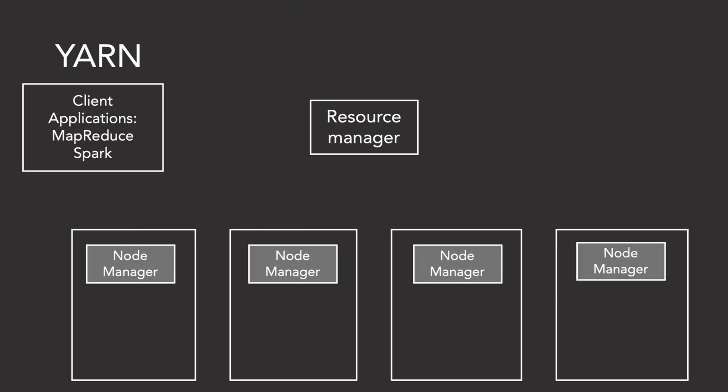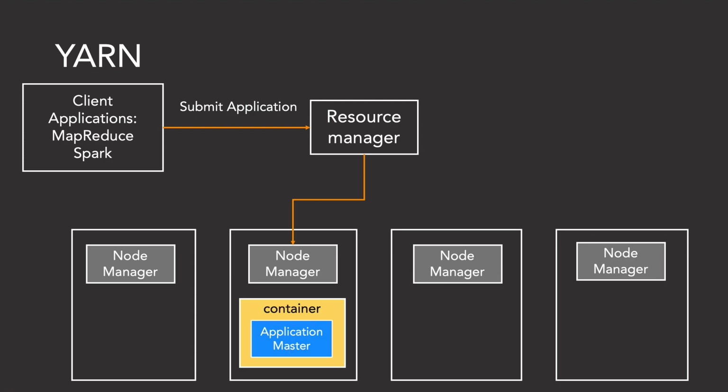So this is how Yarn works. Let's say you have a client or applications. You have written code in MapReduce or Spark. When you submit the job, you submit the application to the resource manager. The resource manager selects one of the node managers and creates a container which would run something called the application master.